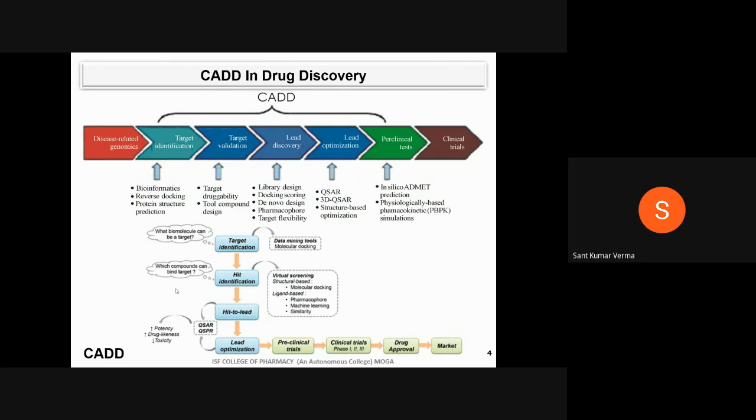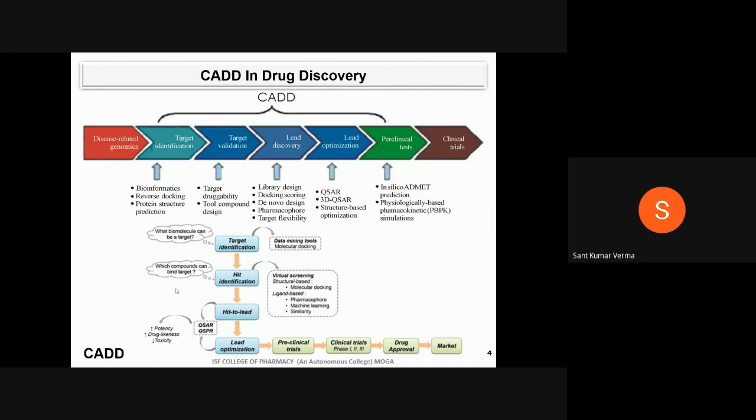Bioinformatic tools combine biology, statistics, and mathematics to extract knowledge from large biological data sets.